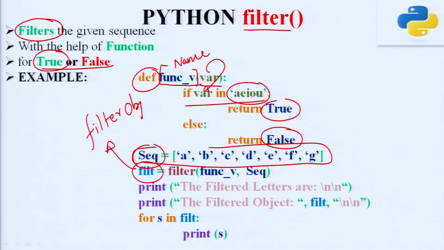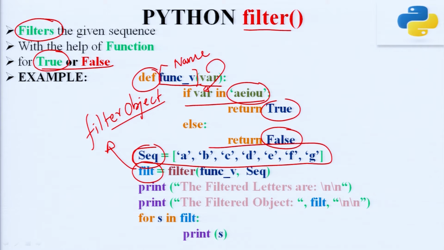This filter object is like a setup, or a condition in which the filter sets its data. Just like an engineer can perform engineer jobs, a doctor can perform doctor jobs, the same way this filter object can perform the filter function's job.